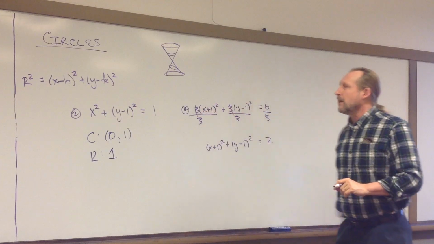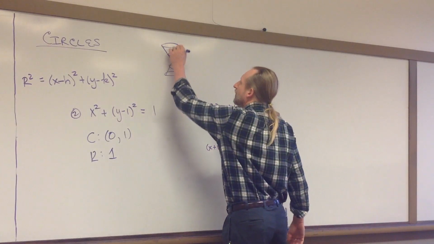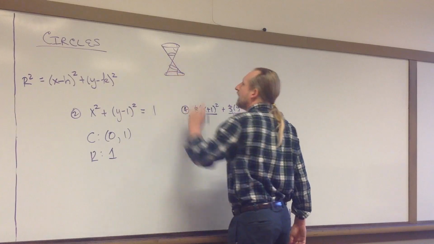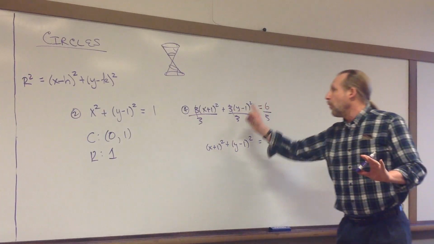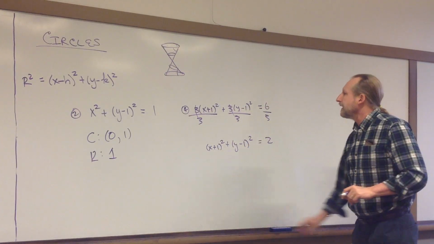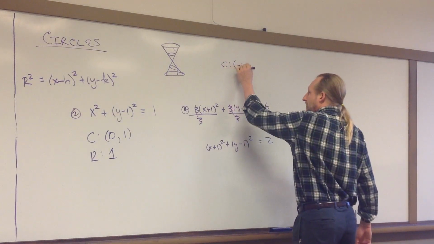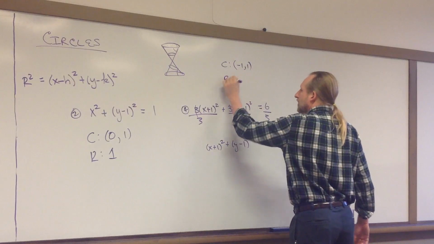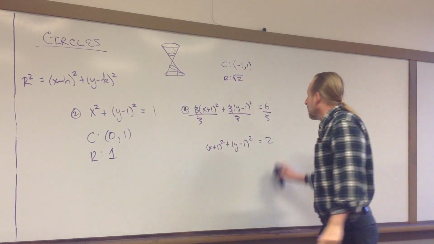If it's a minus between them, then you're going to have a hyperbola. Okay? And the parabola is a situation where one of these is squared and the other one is not. But we'll get to that. Okay? Alright, let's finish this off. We've got a center of the circle at (-1, 1) and a radius equal to the square root of 2. Okay.